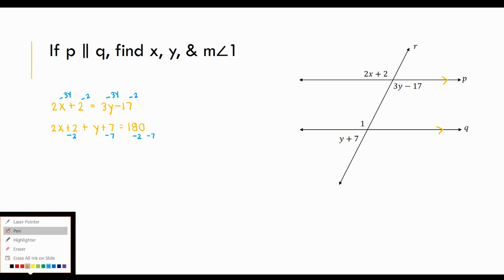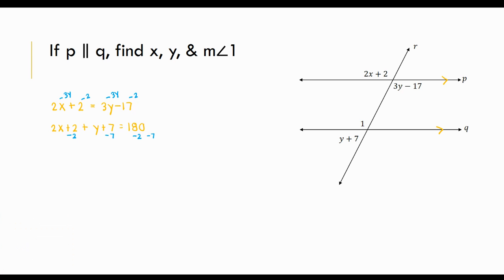So my new top equation is going to say 2x minus 3y equals negative 19. If I look at the bottom, we'll have 2x plus y, and that's going to equal, what are we subtracting? We're really subtracting 9, so 171.